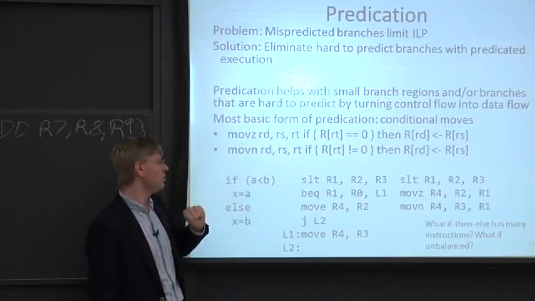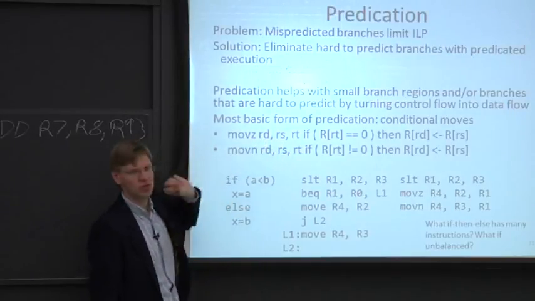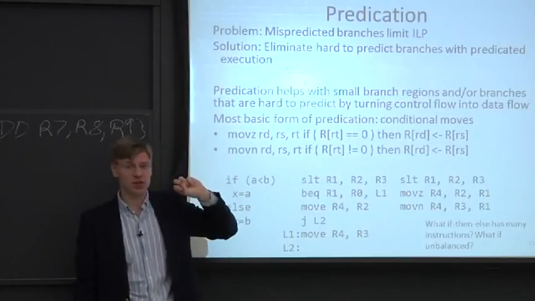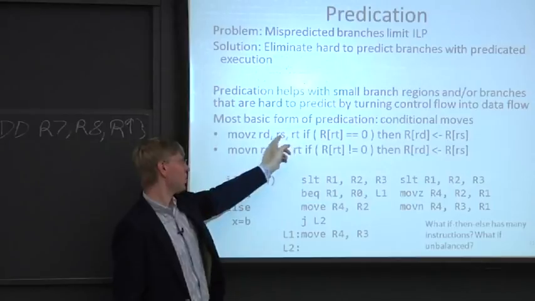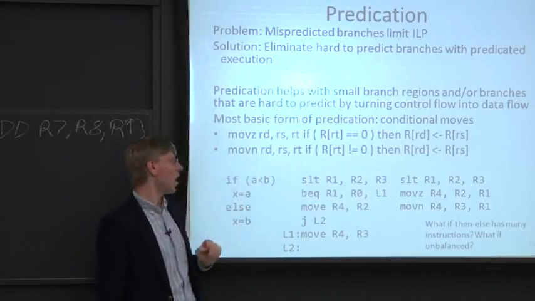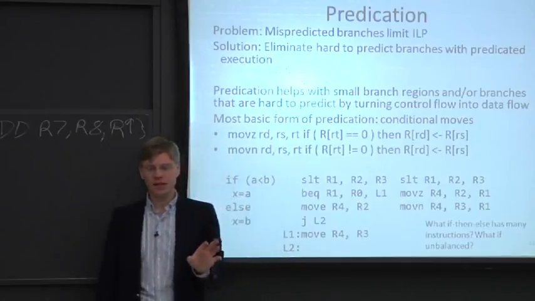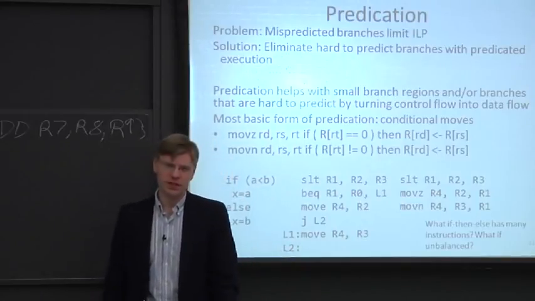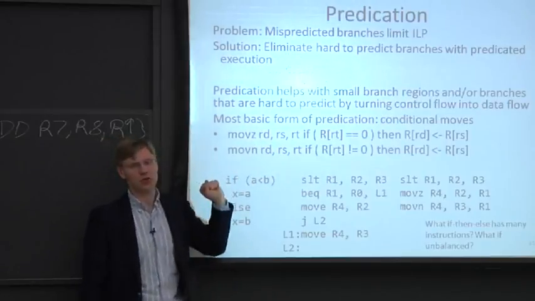And if it's equal to 0, it's going to move RS into the result register, or the destination register here. So it's going to move RS into RD if RT is equal to 0. And if RT is not equal to 0, it's just going to leave RD alone.